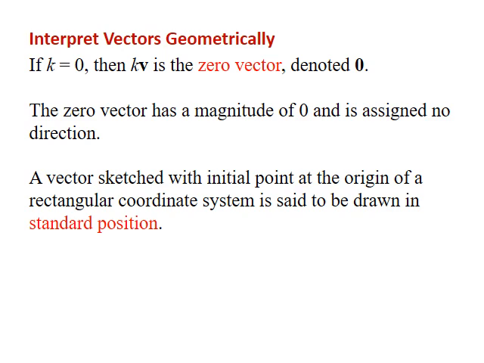The 0 vector basically has a magnitude of 0, so a length of 0, and it has no direction. So it's basically an initial point at the origin.